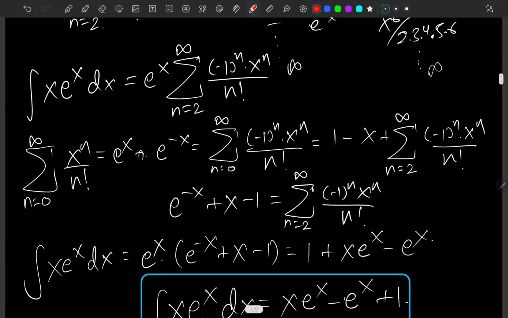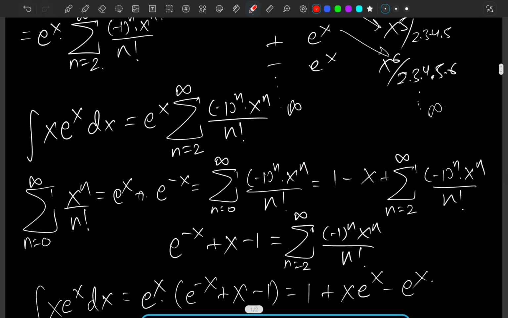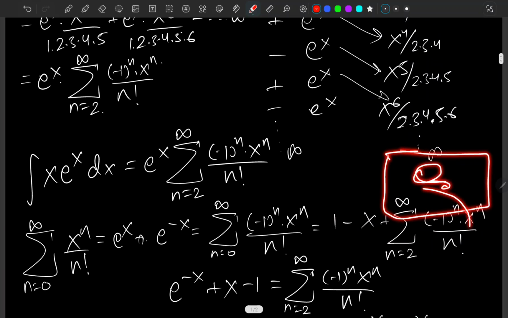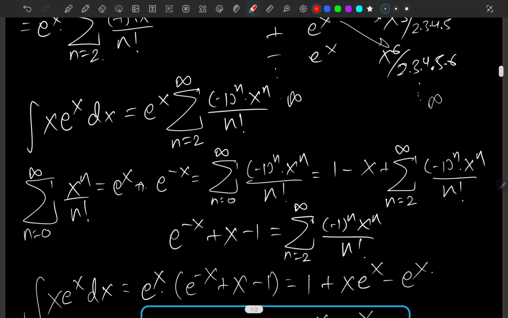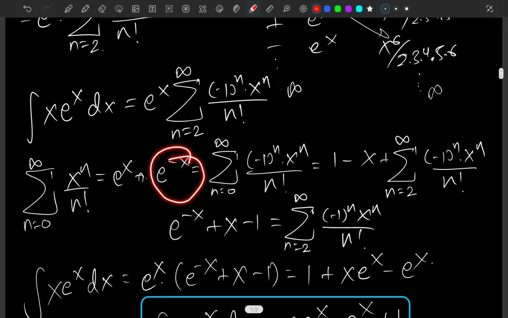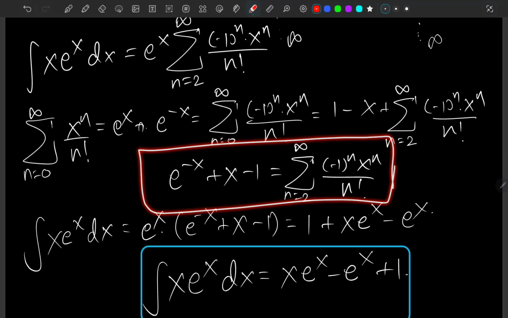So if I'm talking about the sum as n goes from 2 to infinity of this series, I have to write the first two terms, for n equals 0 and for n equals 1, and sum them together to get this sum. That is what I'm looking for, because I just have to plug this in here to get rid of that infinite sum. So basically we have e to the negative x equals 1 minus x plus this infinite sum. So we can write this down like this, and now we can just replace this thing here.